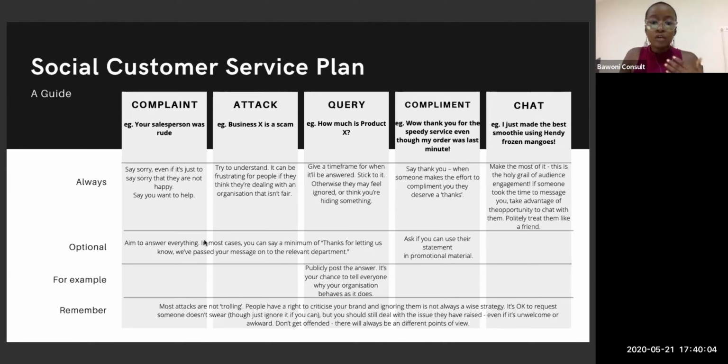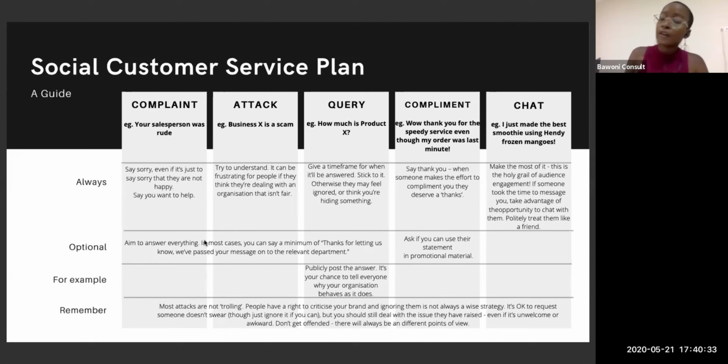From there, you can also try and find out what happened. So if it's a situation where you need their personal information, then you take it offline because you don't want them to put their personal information out in the public, and then you try and resolve it. For the next webinar, one of the things that we're going to talk about are specific questions that you can ask to get the most information out of a customer, especially when it's a conflict or an unhappy, irate customer.